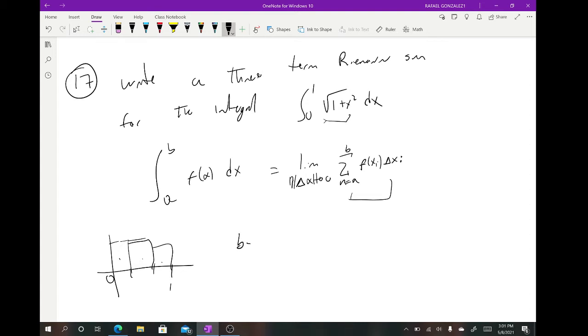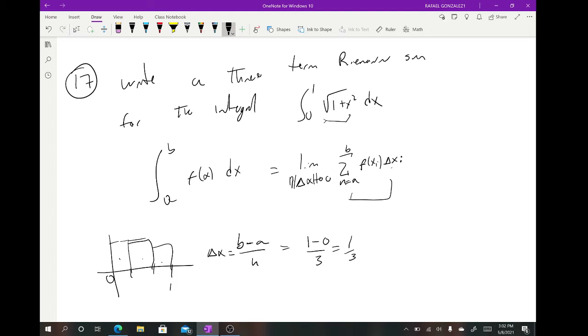To do that, we do b minus a over n, and that is what delta x is equal to. For our problem, that goes from 0 to 1, so it's going to be 1 minus 0 divided by 3, or 1/3. So each rectangle has width 1/3.